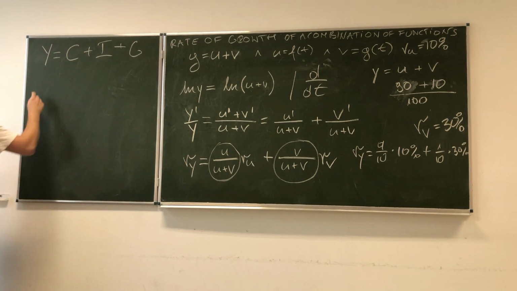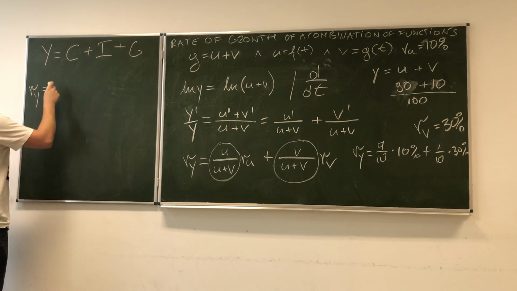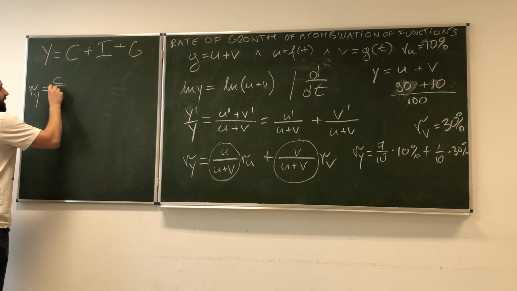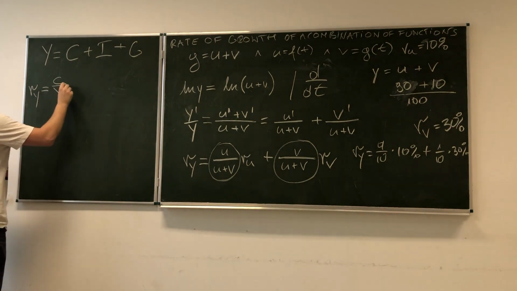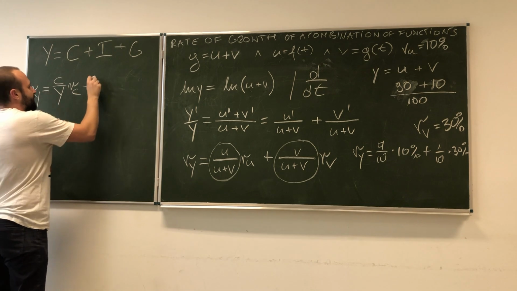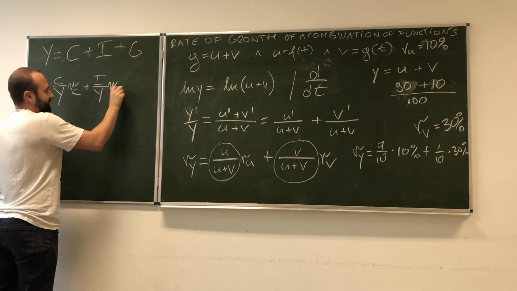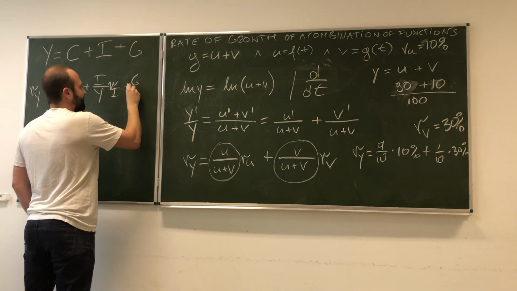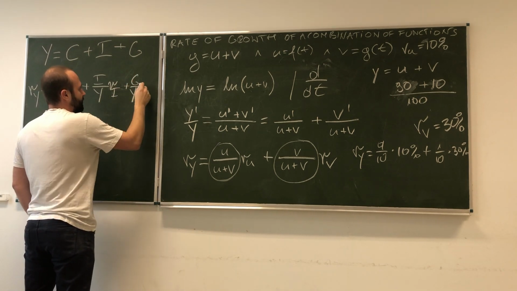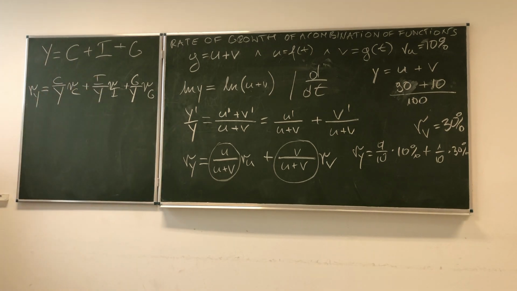So, in other words, we can write the growth rate of GDP is equal to the consumption share of GDP times the growth rate of consumption, plus the investment share in GDP times the growth rate of investment, plus the government spending share of GDP times the growth rate of government spending.